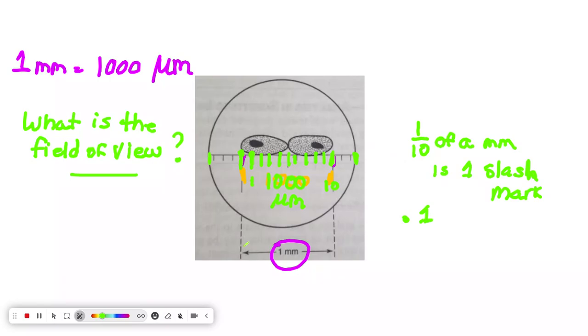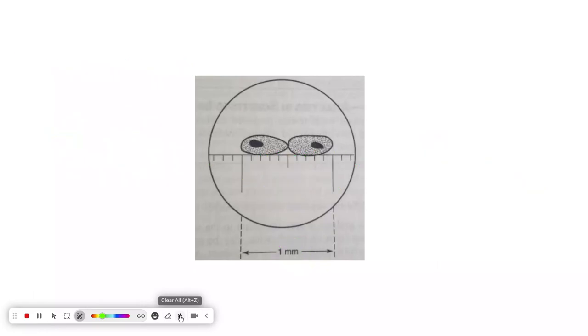So let me clear that out. It's getting a little sloppy. Clear it all out and let's look again. So we have 1, 2, 3, 4, 5, 6, 7, 8, 9, and that'll be 10/10ths or 1 millimeter. 0.1 millimeters is how many micrometers? Well, it's just about moving the decimal.